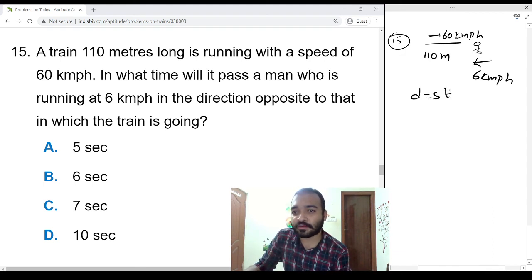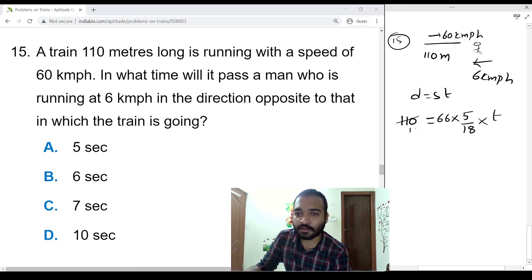Distance is equal to speed into time. Distance is 110 meters. Speed is, both are in opposite directions, so 60 plus 6, 66 kmph. We need to convert into meter per second into t. 11 table, 10 times 11, 6 threes are 18, so t is equal to 6 seconds.